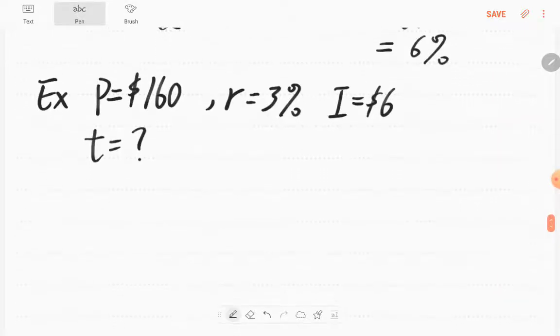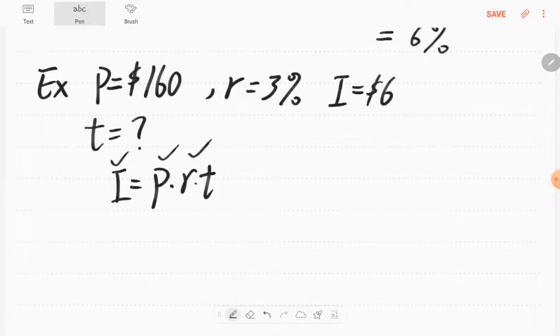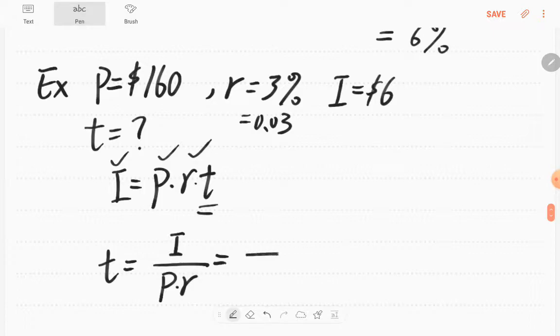How many years? We still use this formula, I equals P times R times T. We know I is 6, P is 160, R is 0.03. And then what is T? T is given by I over P times R. So we plug in the numbers: $6, and P is 160 times R is 0.03.